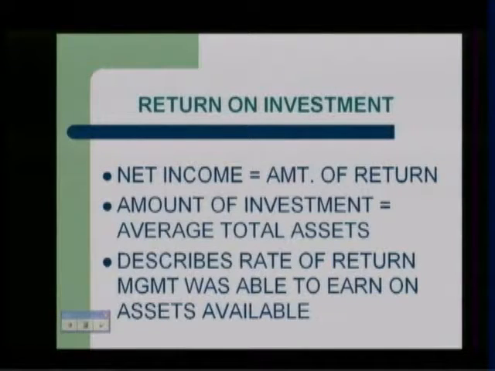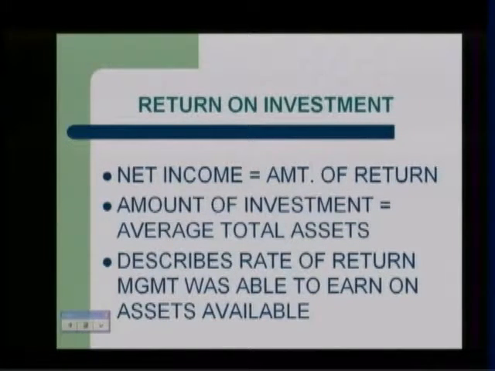So let's talk a little bit about ROI in detail and look at how we actually compute return on investment. We're going to use net income again as our return. We're going to use our investment as average total assets. Now an average, remember, is the number of things added together divided by the number of things that you added together. In this case, we're adding two things together and we're dividing by 2.